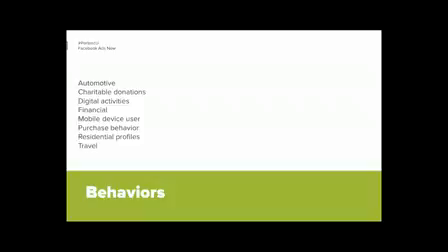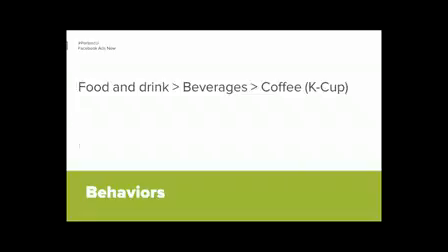The next type of way to target is through behaviors. And behaviors are derived from information sold to Facebook by third-party data warehouses. So this is information that Facebook purchases and then matches up with individual users. So targeting this style of behaviors is similar to the interest targeting feature.